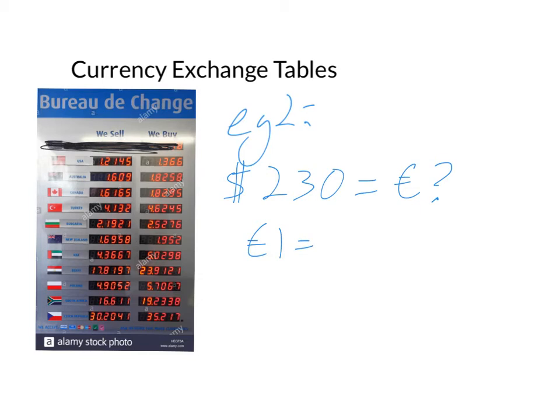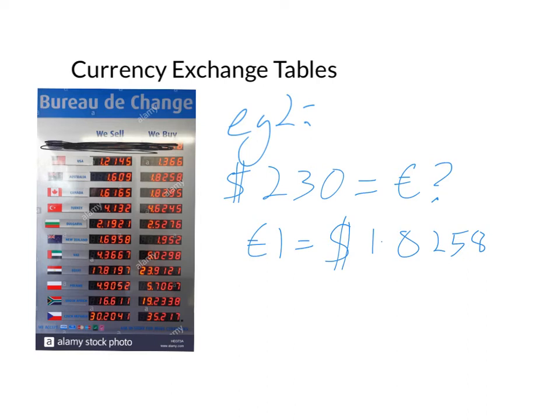Now we're going to look at the Australian dollars. Remember, these are Australian dollars we're talking about. We think, is the bank or the bureau de change buying or selling Australian dollars? And in this case here, the bank is going to be buying the Australian dollars off you. So the exchange rate we're going to use is €1 is equal to 1.8258, which is the exchange rate when the bank is buying dollars from Australia, or Australian dollars.